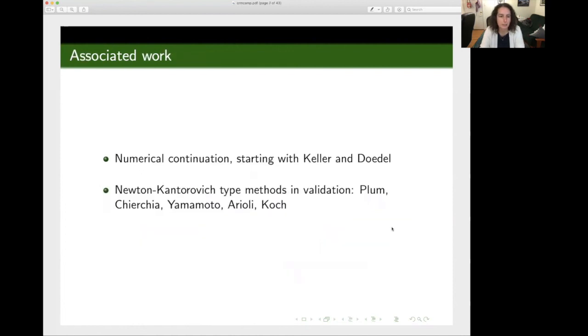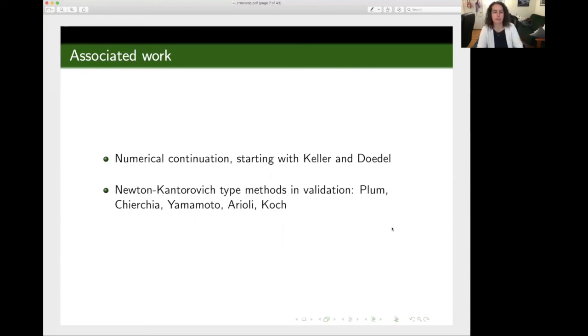And I just want to mention some of the related work for understanding the continuation. So numerical continuation starts with Keller and Doedel, who developed AUTO. And there's a large number of people who have worked since then on the development of numerical continuation and refinement. And I am afraid I haven't listed all their names.